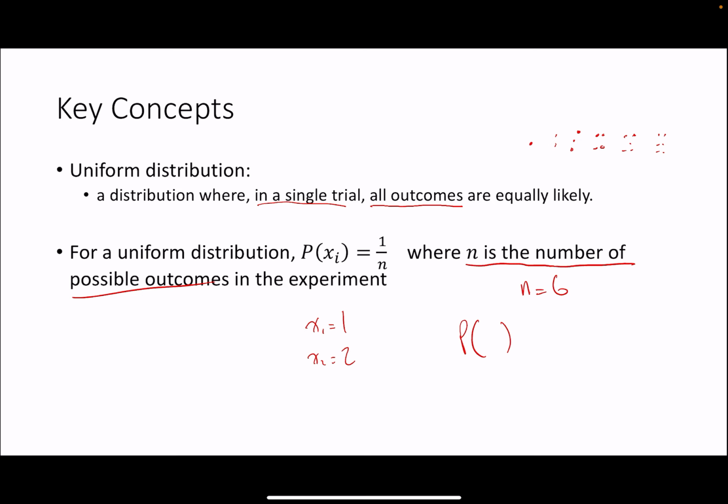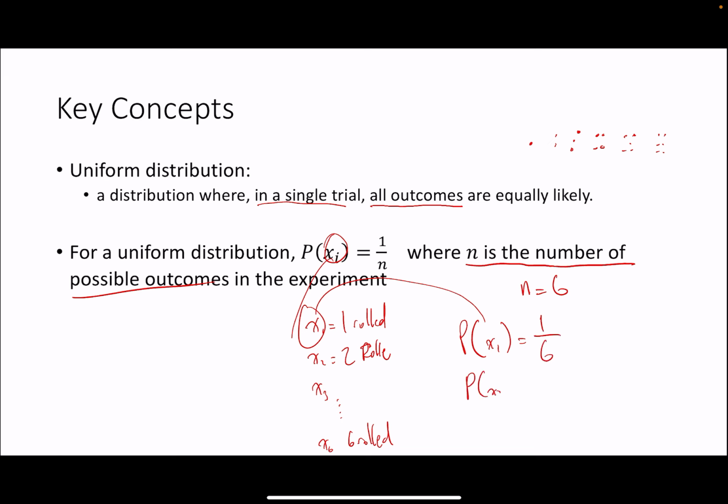So then P of any particular value x_i: x1 could be equal to 1 rolled, x2 is 2 rolled, right? X is the random variable and it can take on any of these values, up to x6, 6 rolled. So the probability of x1 is equal to 1 over n, which is 1 over 6.